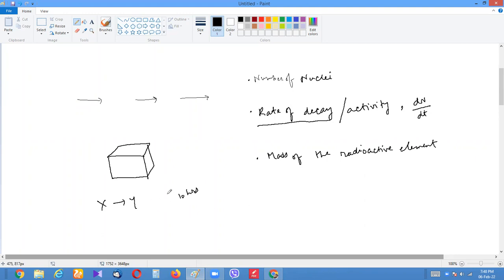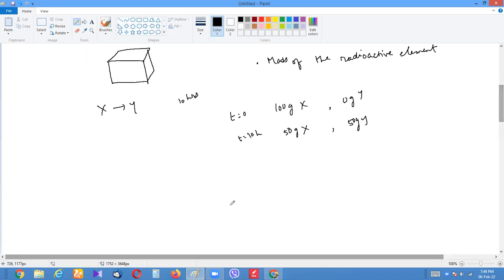Initially we have 100 gram X at t equals 0, and 0 gram Y. Then at t equals 10 hours, we'll have 50 gram X and 50 gram Y. After another 10 hours, we'll have 25 gram X and 75 gram Y. The Y part is increasing as much as the X part is decreasing. So this will be 20 hours.